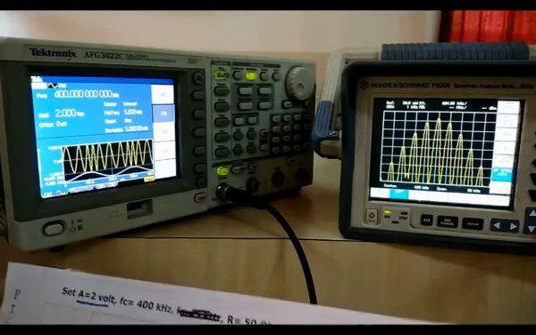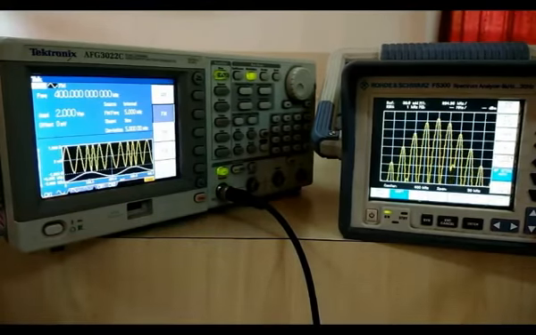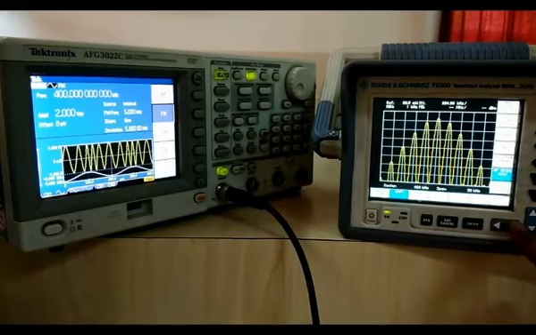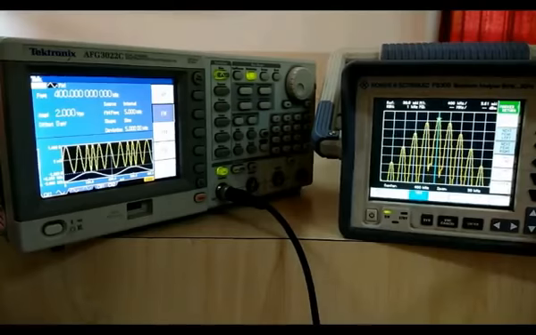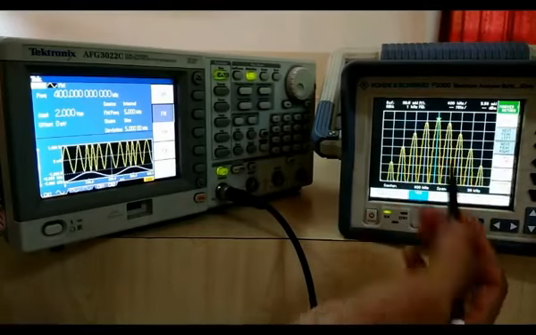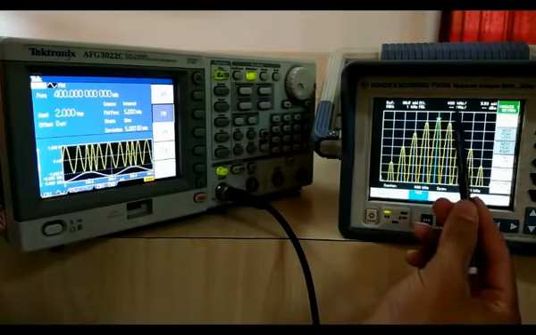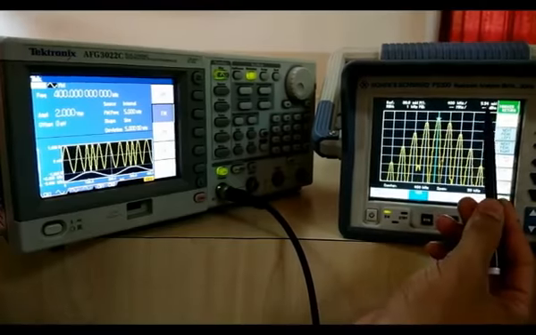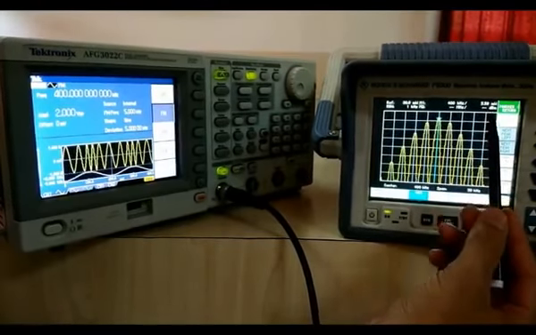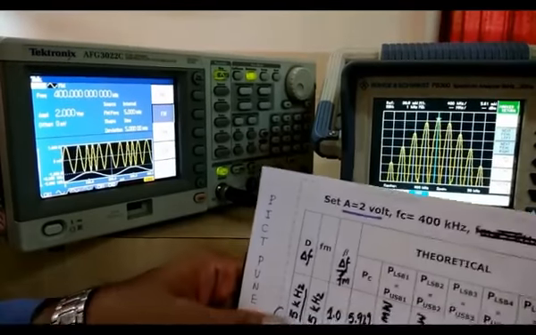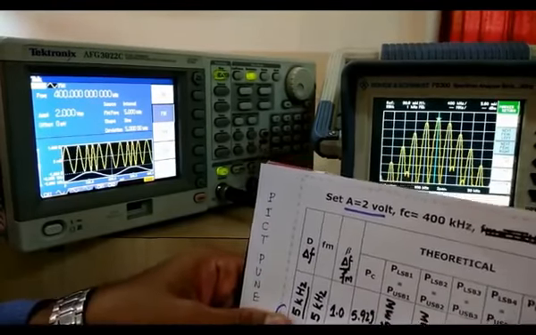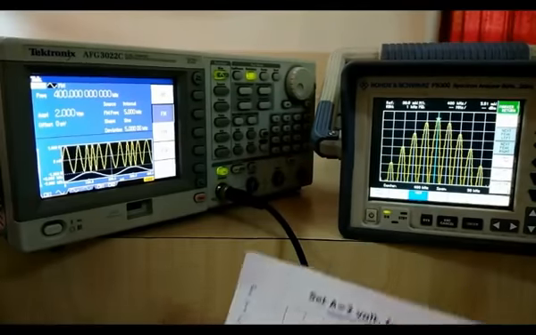If you see the spectrum, this is my carrier term, which is present at 400 kilohertz, whose power is approximately 5.59 milliwatt, and this value is 5.929 in our theoretical values.